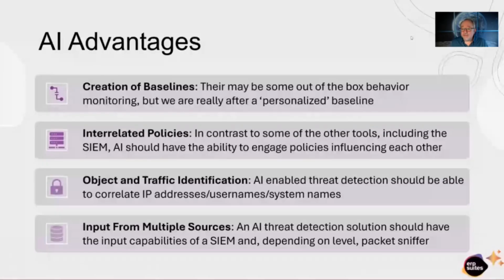It can create baselines, and any good AI based threat detection system should be doing this for us. It should be doing this so that we can know what is going on. And I want to really stress that there may be some out of the box behavior monitoring, but what we're really after is a personalized baseline.